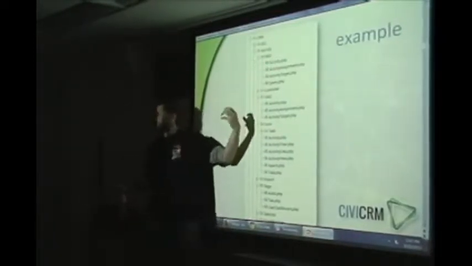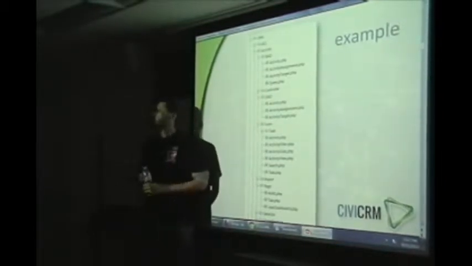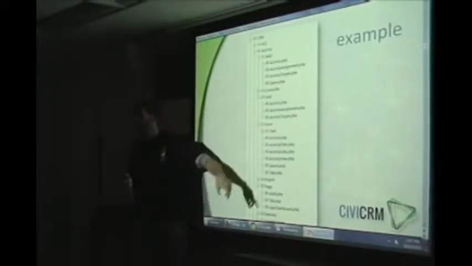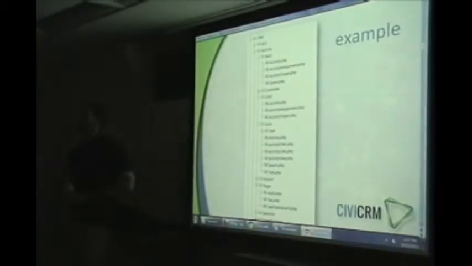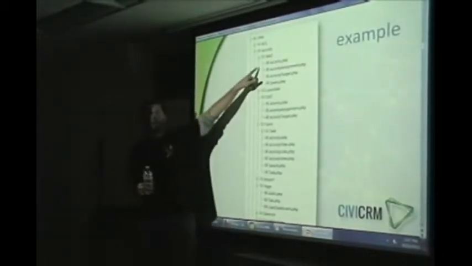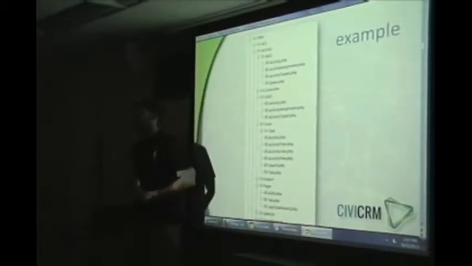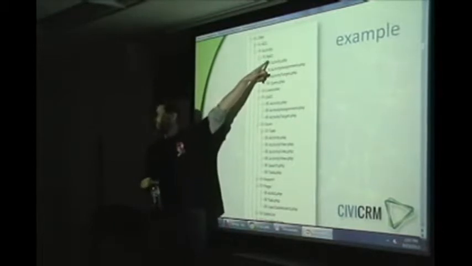You're going to find your event folder, and you're going to decide, am I changing the flow of a form, in which case I come down to the form folder, or maybe the form is referencing a BAO method that says register contact, and so I might need to get into there.